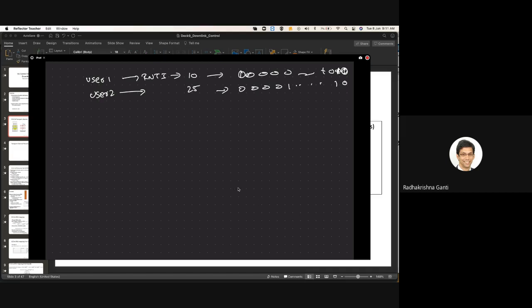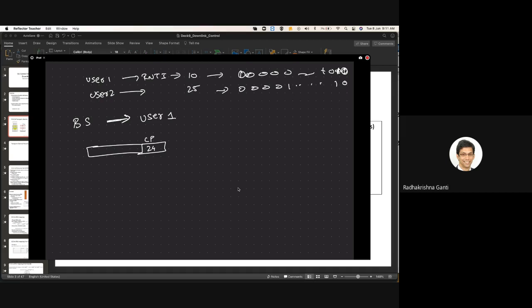So what does the base station want to do? The base station wants to send this control information to user 1. This control information is intended for user 1. But user 1 and user 2 don't know whom it is being sent to. Only the base station knows. So what will the base station do? To the control information it adds a 24-bit CRC.